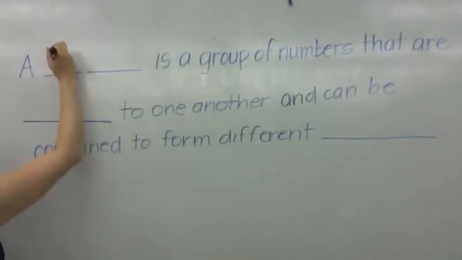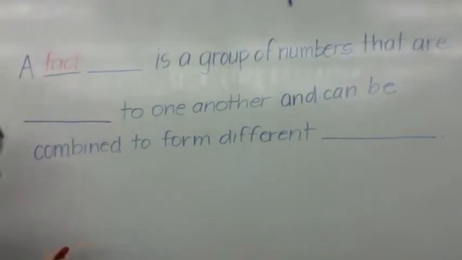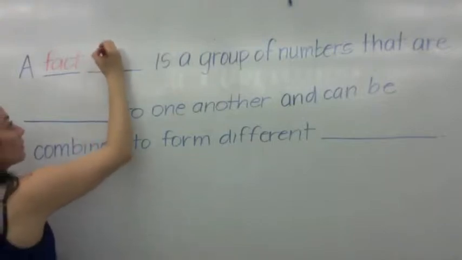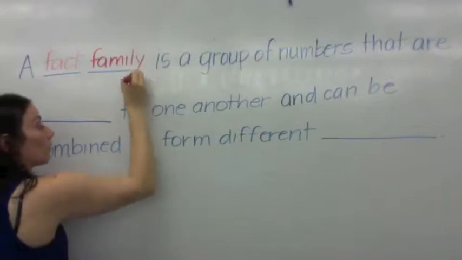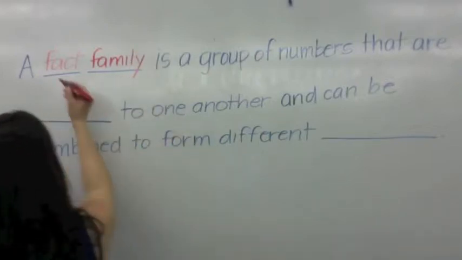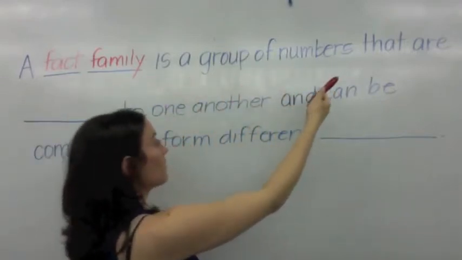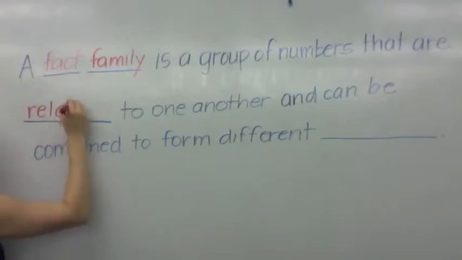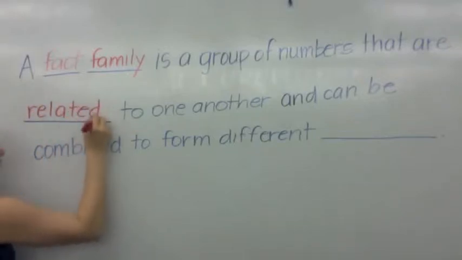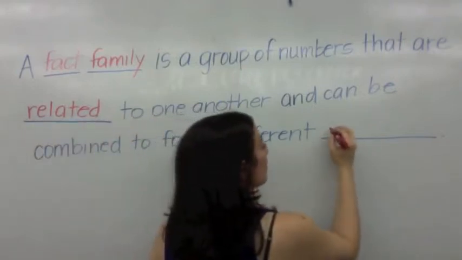So you're going to write a fact family. A fact family is a group of numbers that are related to one another and can be combined to form different equations.